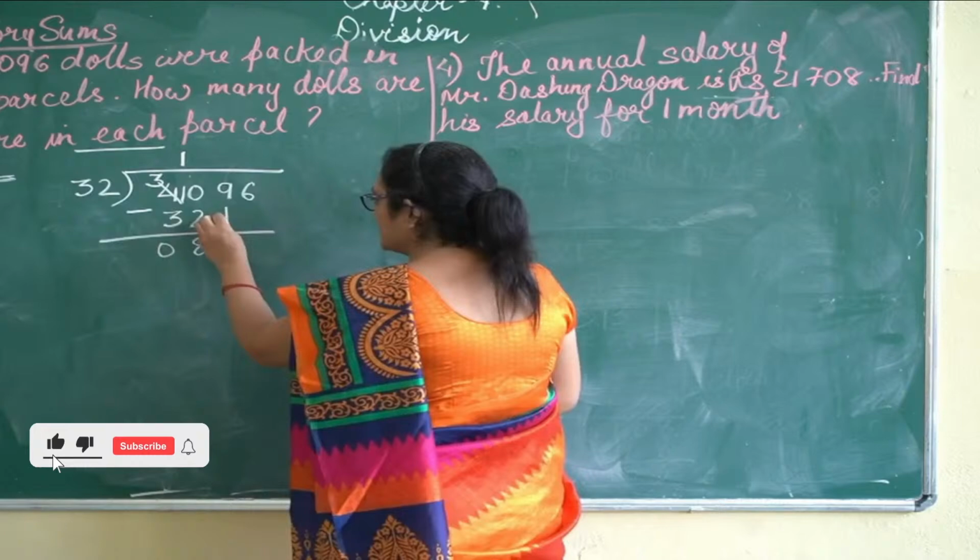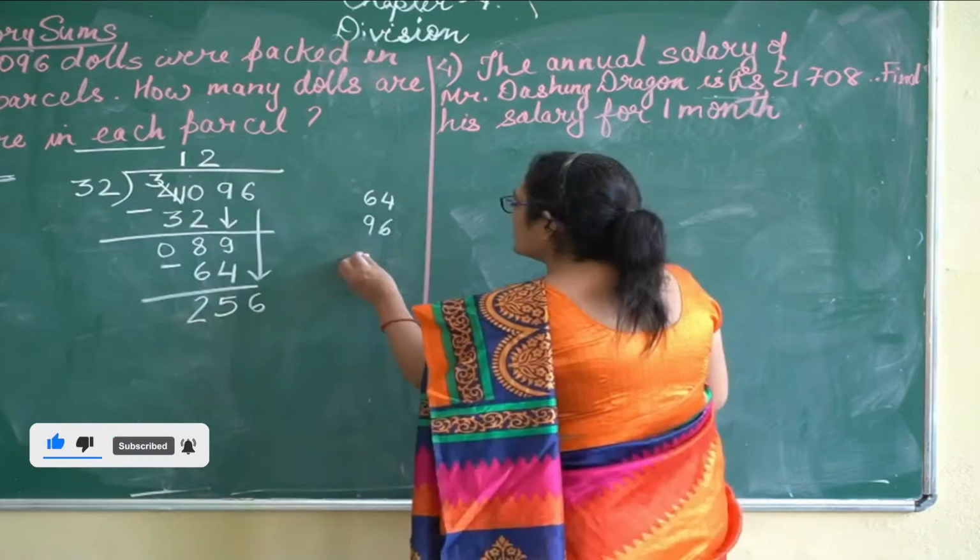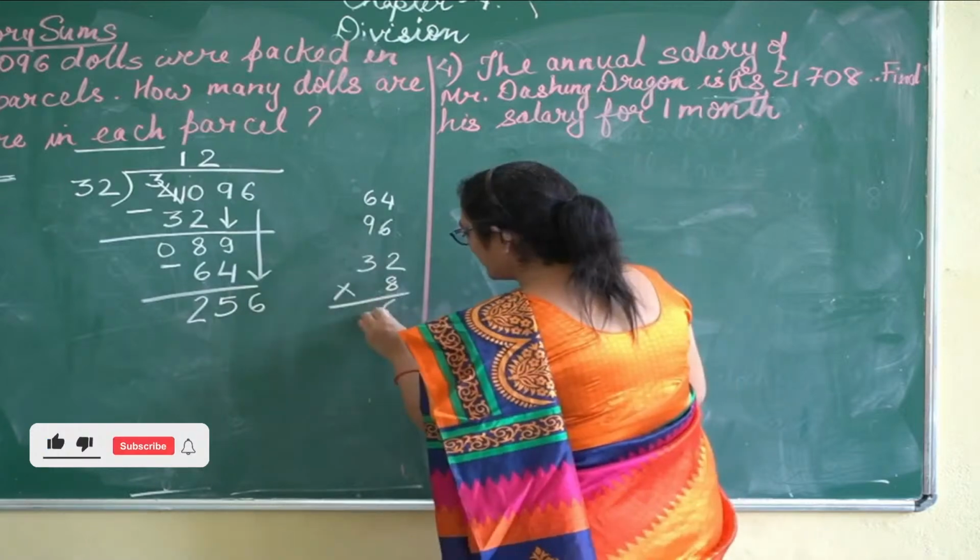Now we have to find in the table of 32: does 256 come? You can also find it by multiplying 32 by 8. 8 2s are 16, carry over 1. 3 8s are 24, 24 plus 1 is 25. So in the table of 32, 8 times 32 is 256.